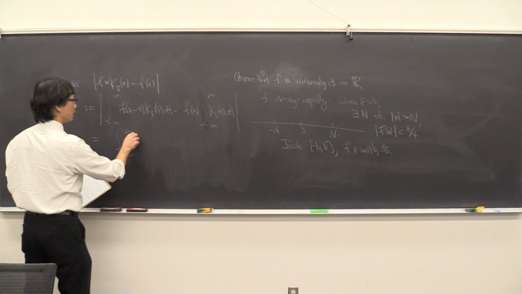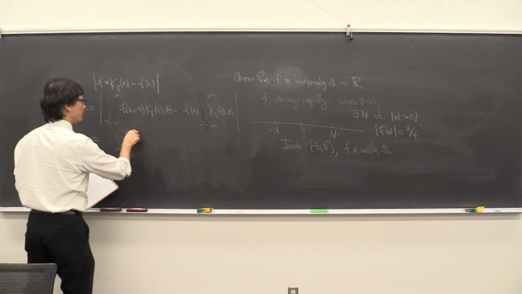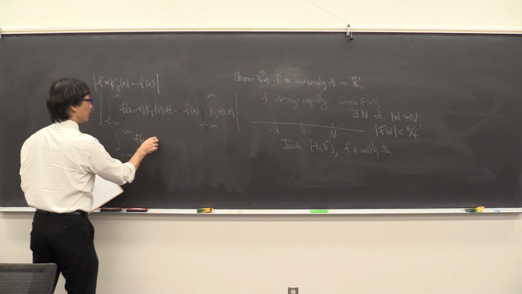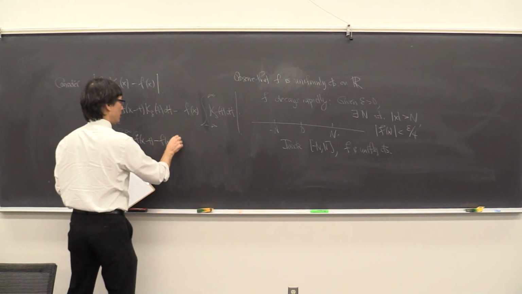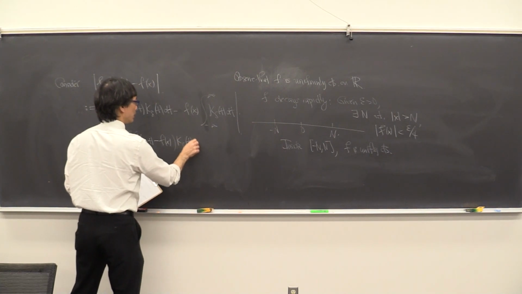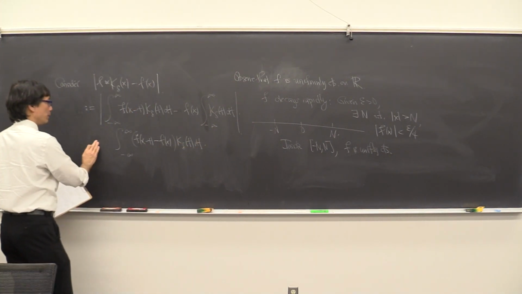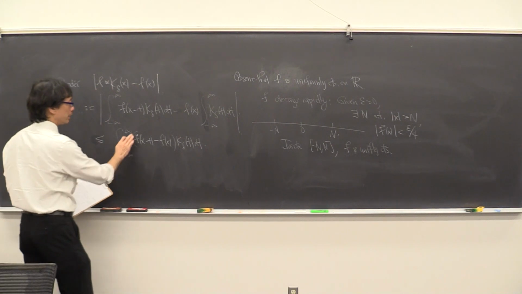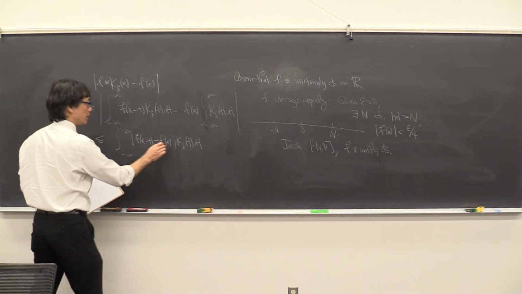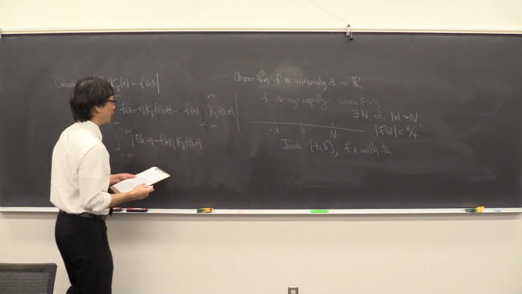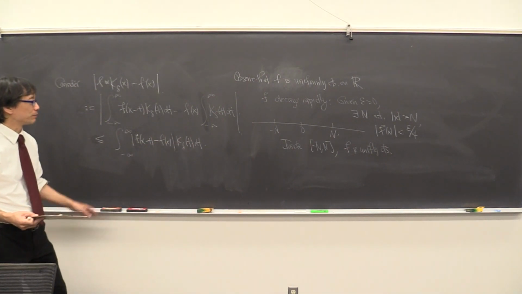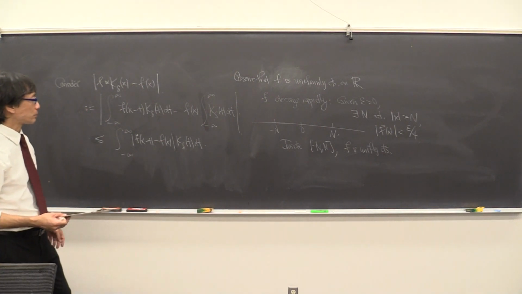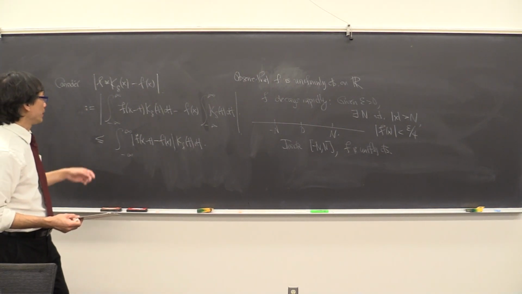So we get the integral of f of x minus t minus f of x times k delta t dt. And using the triangle inequality, this is less than or equal to the absolute value of this, and k is positive, so we don't need to put absolute values on it.